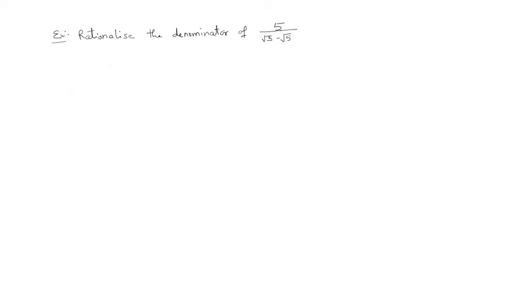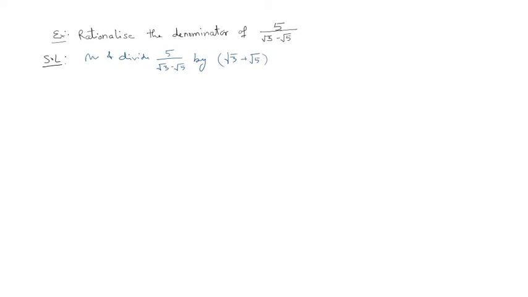So next is rationalize the denominator of 5 upon square root of 3 minus square root of 5. So here again we will multiply and divide 5 upon square root of 3 minus square root of 5 by square root of 3 plus square root of 5.